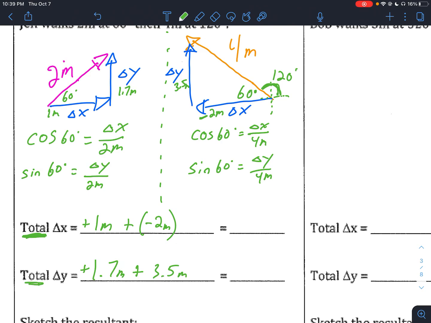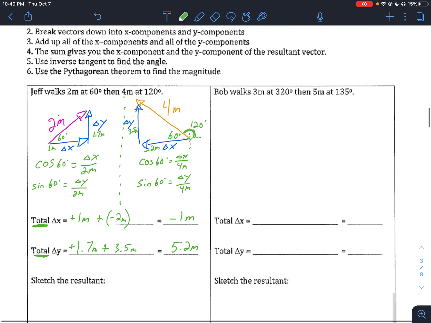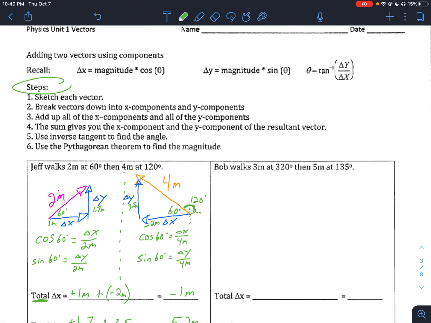So now I can sum both of my displacements in the x and y direction. So I get a negative 1 meter and a positive 5.2 meter. And if at any point this goes a little bit too fast, feel free to rewind. Also, there are some steps and instructions here as well.